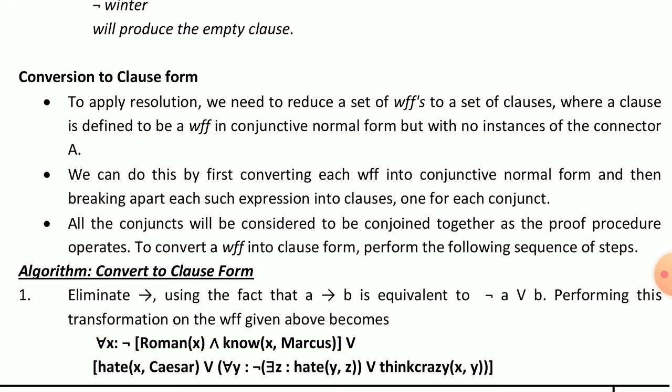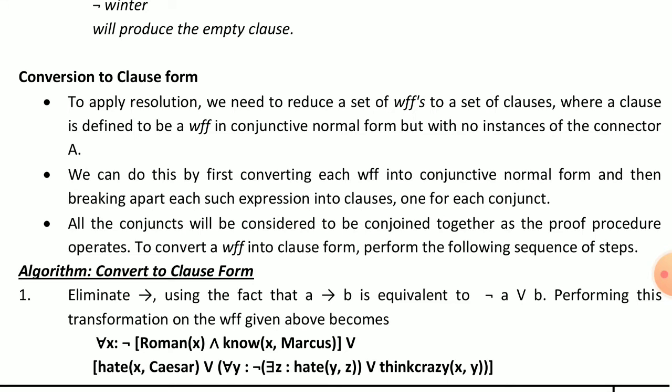In the above example, we can take the different sentences. So here we perform the transformation for: for all x, not Roman(x) or not know(x, Marcus). This is one sentence: Marcus was a man.